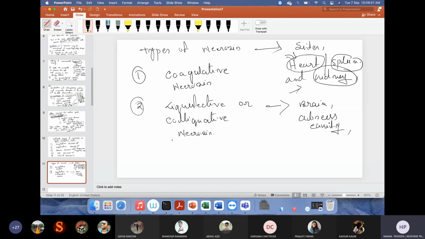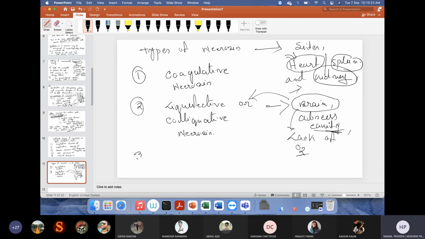Okay. That means brain and abscess cavity, this formation, this is the lack of oxygen. When lack of oxygen in brain or abscess cavity, that means liquefactive or colliquative necrosis cells formed. Okay. Lack of oxygen and oxygen deprivation in brain.